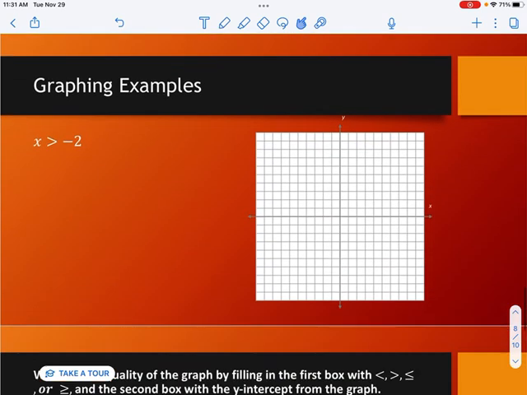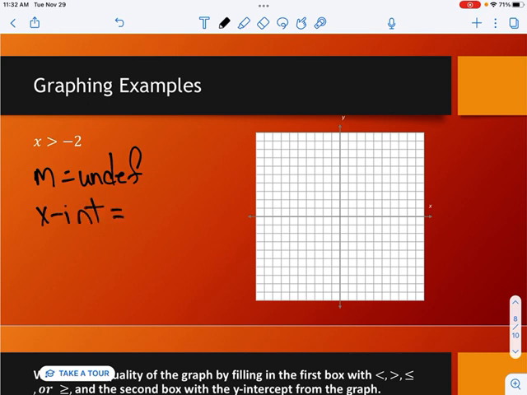Okay, next part here. x is greater than -2. So remember this one, my slope is undefined. This one doesn't have a y-intercept, but it does have an x-intercept. And the x-intercept is at -2. So I come over here. Here's my x-intercept.